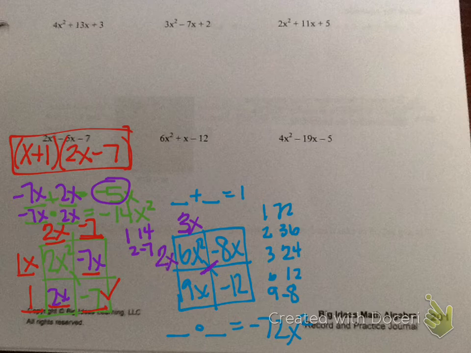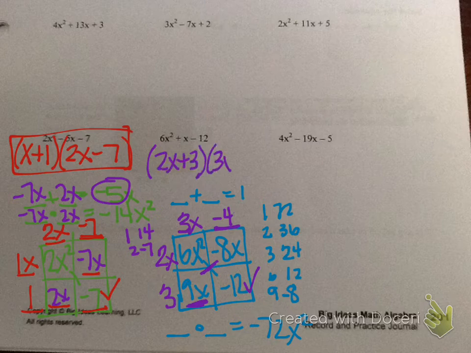And so that makes this a 2x. 2x times what makes negative 8? Negative 4. And then 3x times what makes negative 9? Would be 3. 3 times negative 4 is negative 12. So 2x plus 3, 3x minus 4 is my final answer.